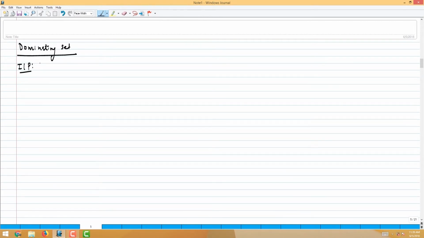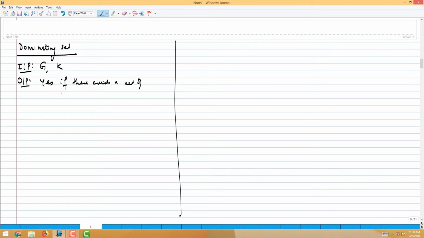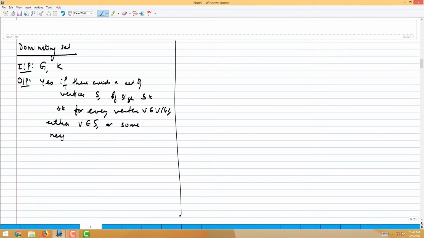In the dominating set problem, it takes as input a graph G and an integer K, and it outputs yes if there exists a set of vertices, say S, of size at most K, such that for every vertex in the graph, either this vertex belongs to S or some neighbor of it belongs to S. And outputs no if there is no such set.